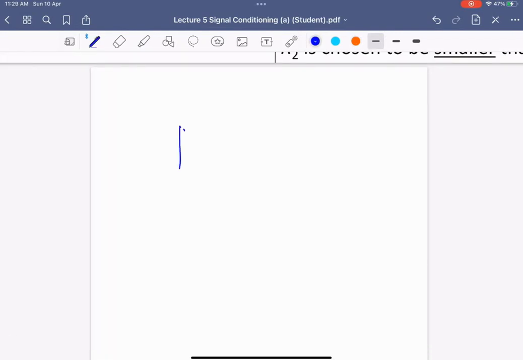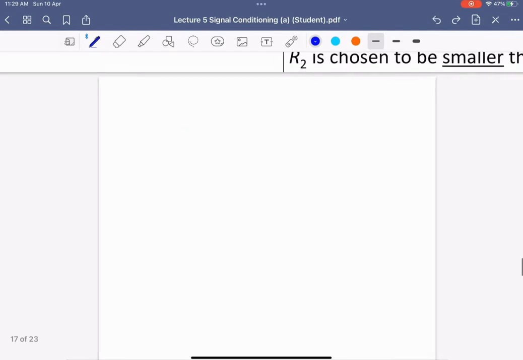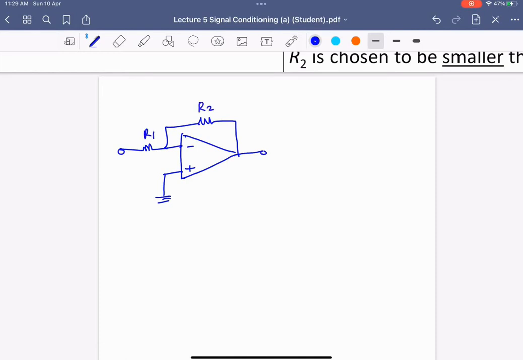So we have the previous inverting circuit. This is R2, this is R1, this is V in, this is V out.